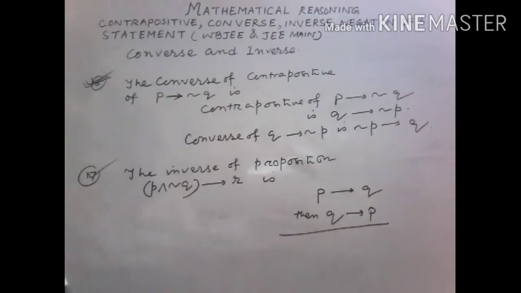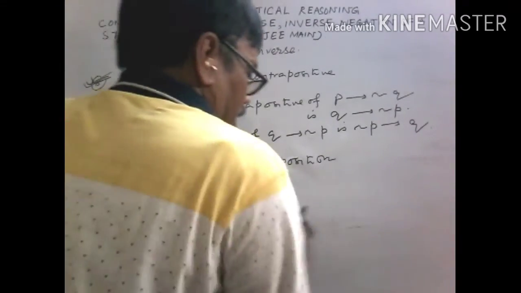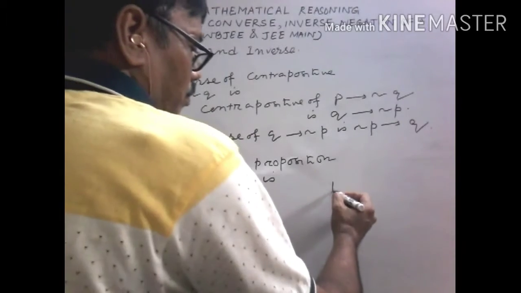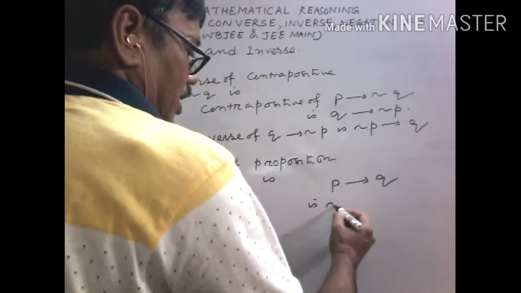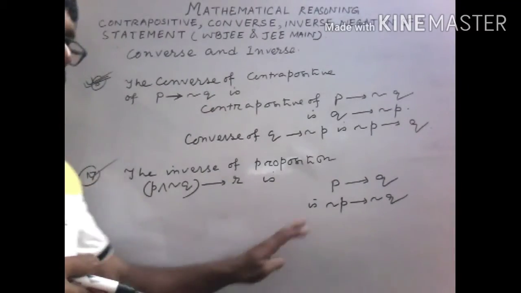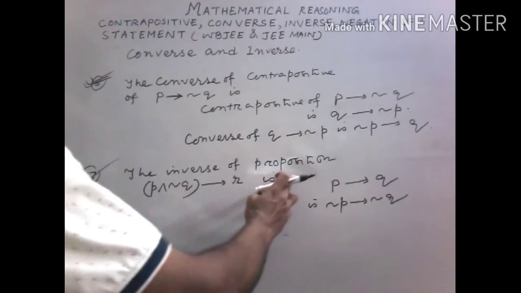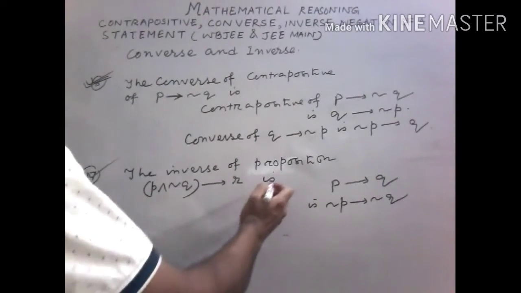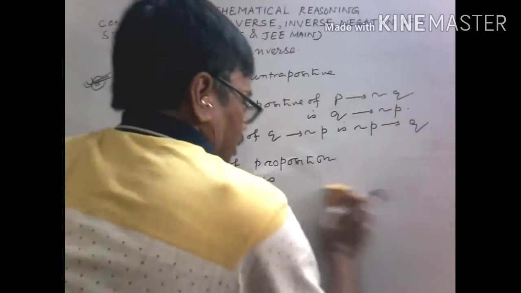Now I shall consider one problem, inverse of conditional statement. Inverse. Look at the theory first. Inverse of P arrow Q is negation P arrow negation Q. So this is our definition. So inverse of the proposition this is. So what is the inverse?